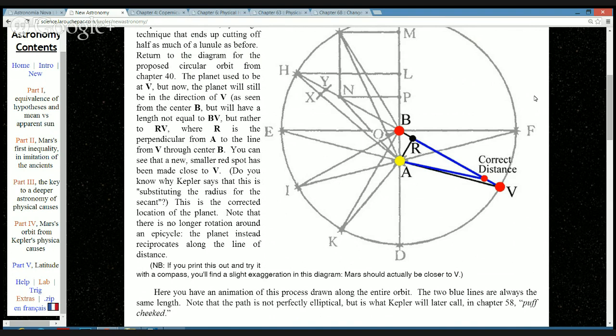He says, let's take a line from where Mars would be on the circle and draw it through the center, and then drop the perpendicular AR to it. Then RV would be the right distance. At least it would be at the quadrant. So he says, let me try that everywhere on the orbit.